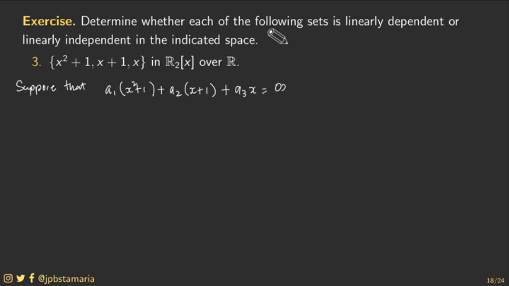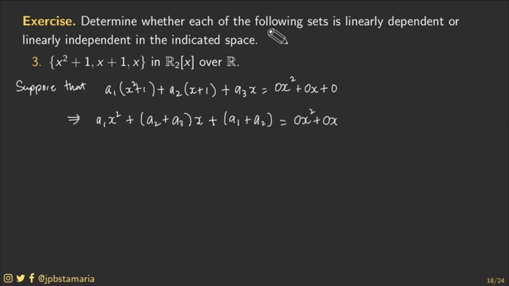The 0 polynomial, take note, is 0x squared plus 0x plus 0. If you simplify the left-hand side, you get a1x squared, the x terms a2 plus a3, and the constant terms a1 plus a2.